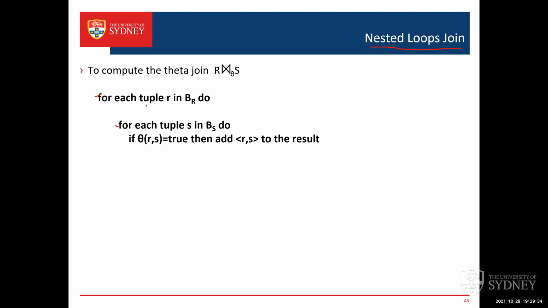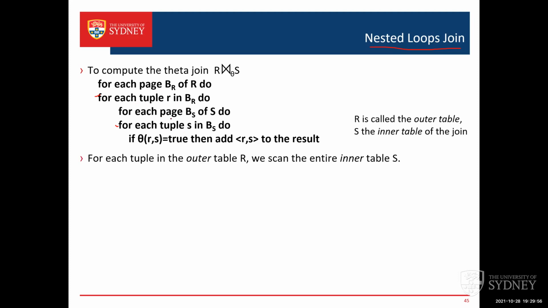But to get access to the tuples, because we are trying to calculate the input output cost, where are those tuples? They are actually in the blocks, in the pages. So for all of these tuples, we need to read all the pages.